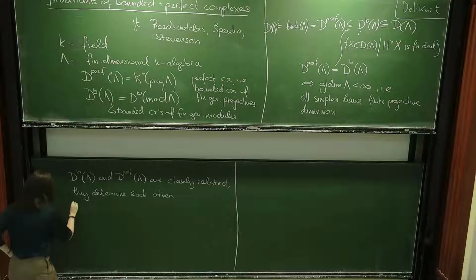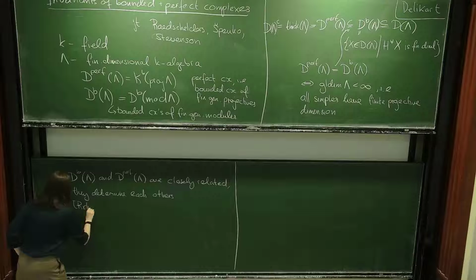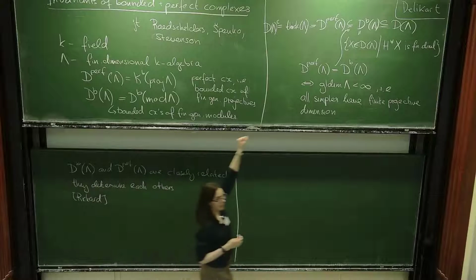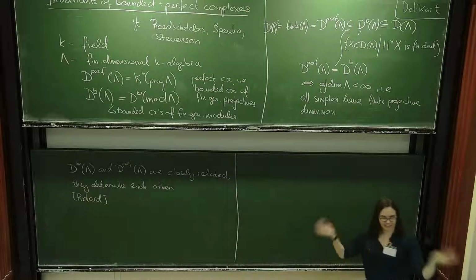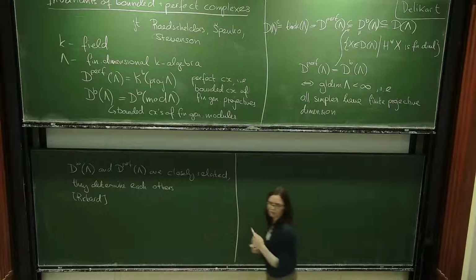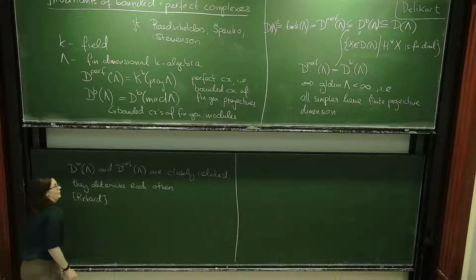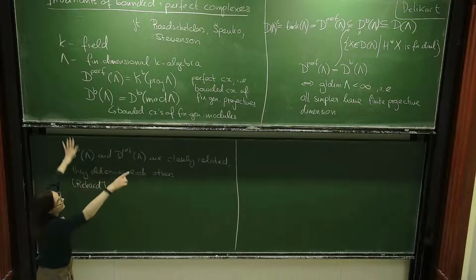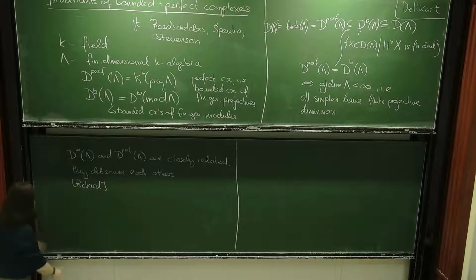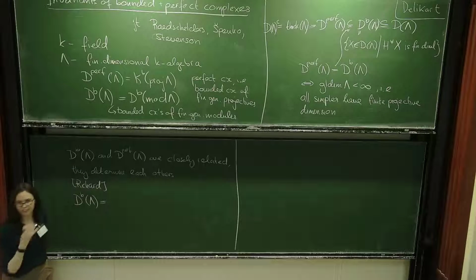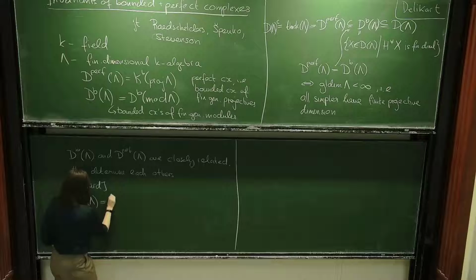For example, and I guess this goes back to Rickard, we could say we have the derived category of perfect complexes that's intrinsically described. How do I now from this get my bounded derived category? And in fact, this is basically just restating how we defined it up here. We can write D^b lambda in terms of D^perf lambda by just considering homomorphisms.